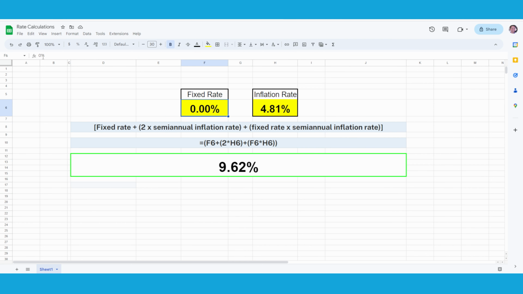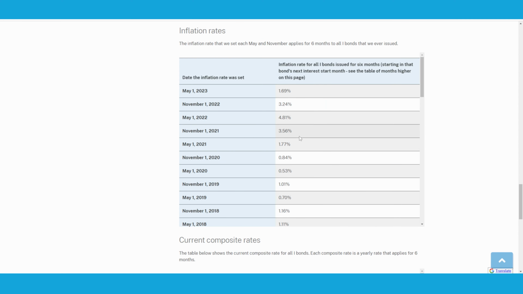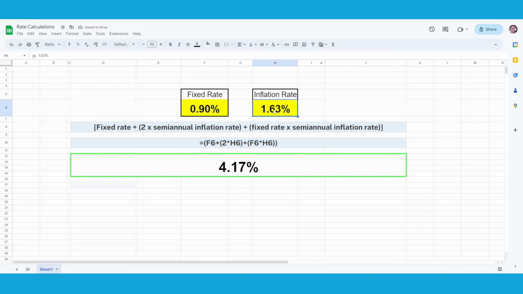So the current bond that we have with a fixed rate of 0.9, plug that in there, and then we drop that to 1.69. 1.69 brings it to our 4.3%.